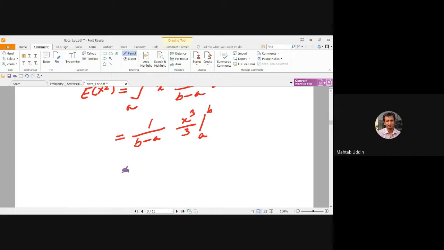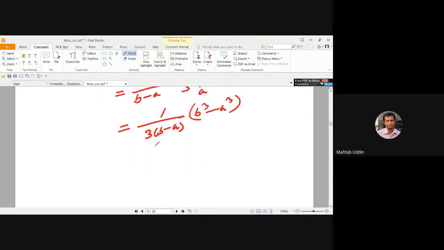Then 1 by 3 times b minus a, times b cube minus a cube. Then we can use b cube minus a cube equal to b minus a into b square plus ab plus a square, divided by 3, giving a square plus ab plus b square by 3.